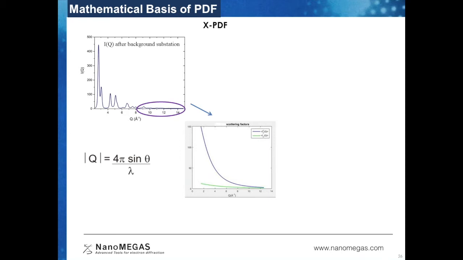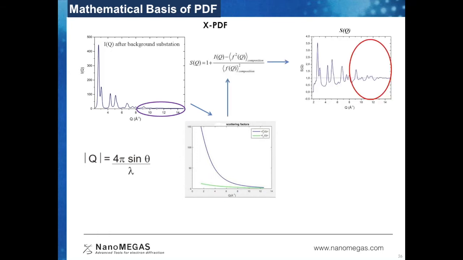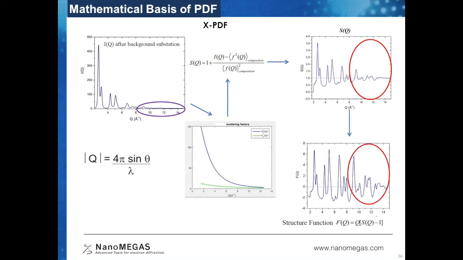As we all know, dividing a number by another small number results in a very large number, and weak signals at high Q, which are so difficult to access, are now amplified. After that, another multiplication by Q is also required. Now, as you can see, there is an abundance of strong new signal, which I have marked in red, which was very difficult to access in our original diffraction data.